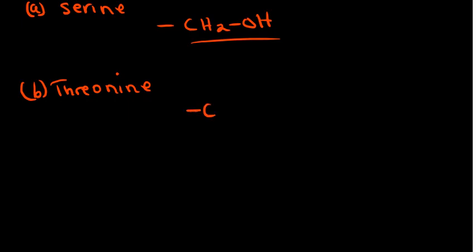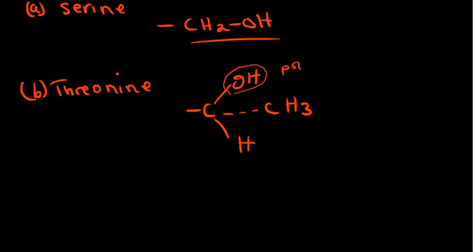We have C attached to OH here, then CH3, then attached to hydrogen. So this one is polar because of this OH group on the structure here. Then the other one we have is asparagine.